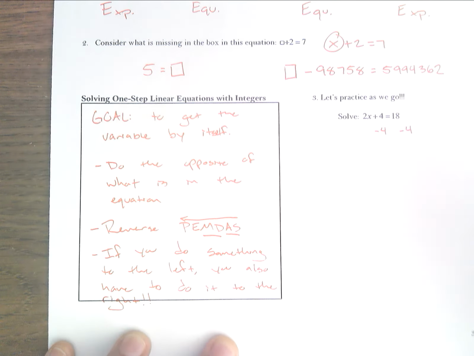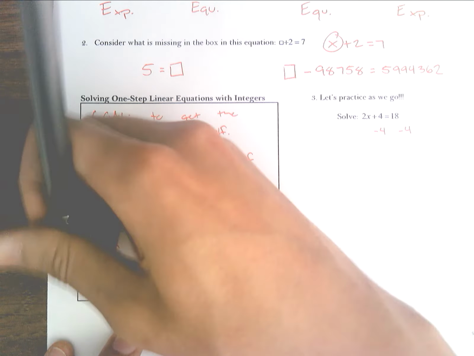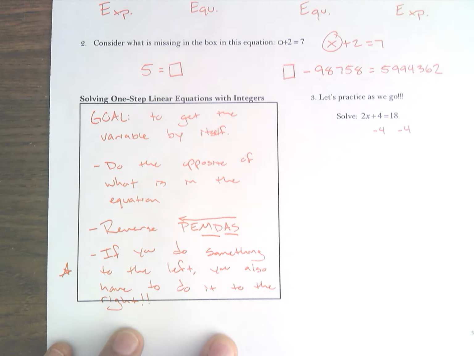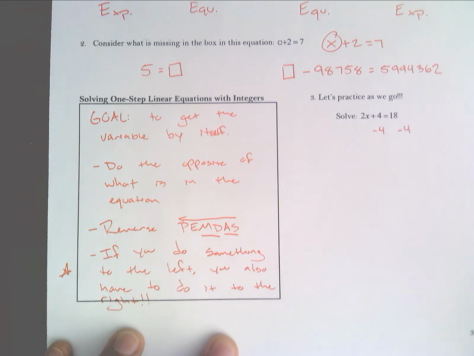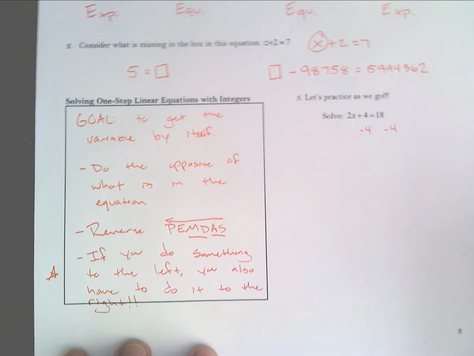And use exclamation marks, use stars. This is very important. If you do something to the left-hand side, you must also do it to the right-hand side. And of course, vice versa is true. If you do it to the right-hand side, you must also do it to the left-hand side.